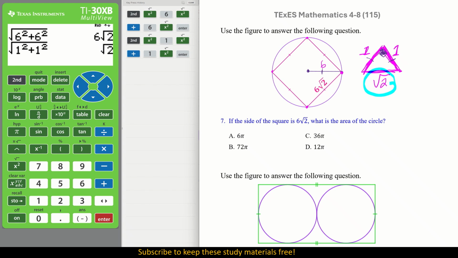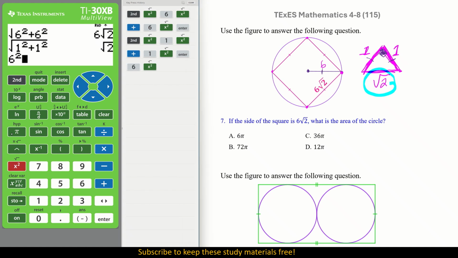Guys, 6 squared is what? Now we have to leave it in terms of pi, okay? But this calculator does it. So let's say it's a number that's not as easy as 6, right? So it's pi r squared. So my r is 6, square that, type in pi, push enter, 36 pi. Luckily, this calculator does that for us, okay?